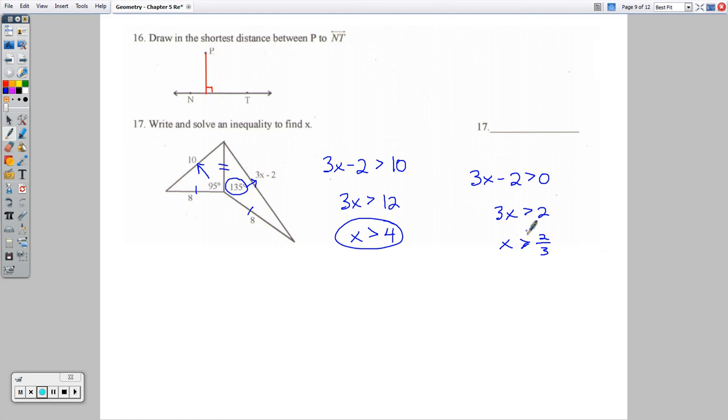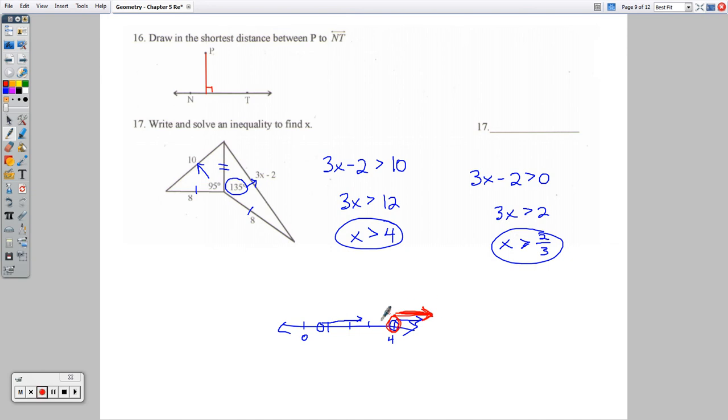So if those two things are happening at the same time, x is both greater than 2/3 and greater than 4. If you were to draw a number line, if you say this is 0, 1, 2, 3, 4, 2/3 is going to be right about here. So that's going that way, and then 4 is going to be here, going that way. If both of these have to be true at the same time, it's got to be true that the red part is what's happening.